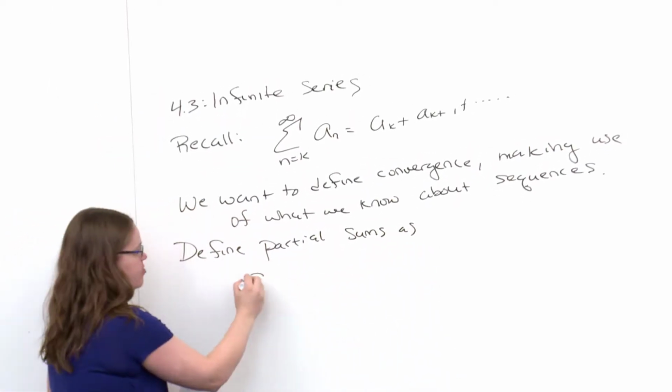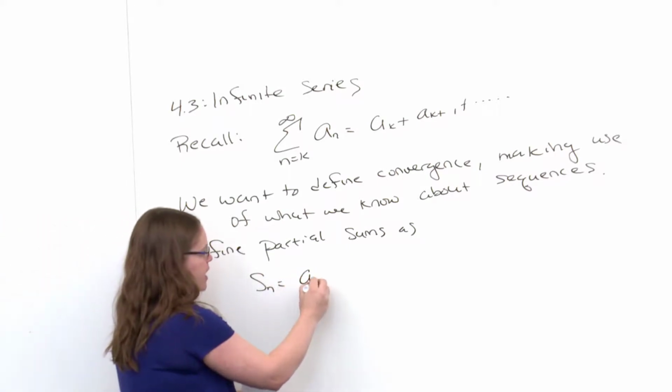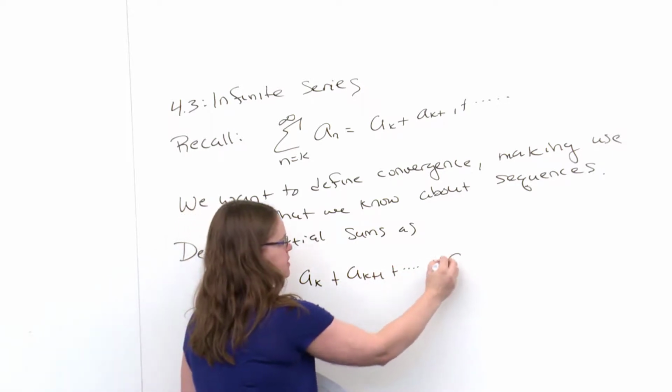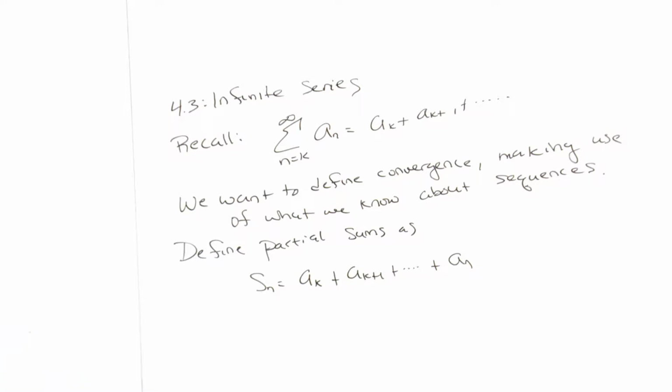Okay, so I'm going to call it S sub n. S sub n means I'm adding up all the terms up to a_n. So a_k plus a_(k+1) all the way up to a sub n. Okay, and n here is just some finite number.